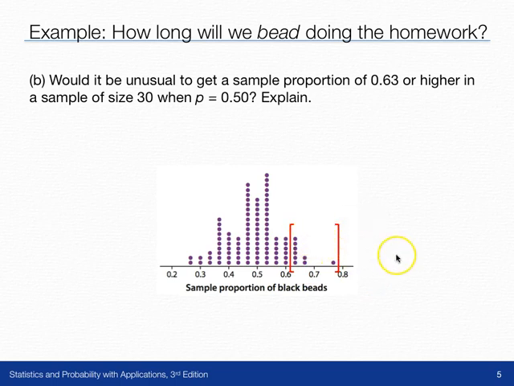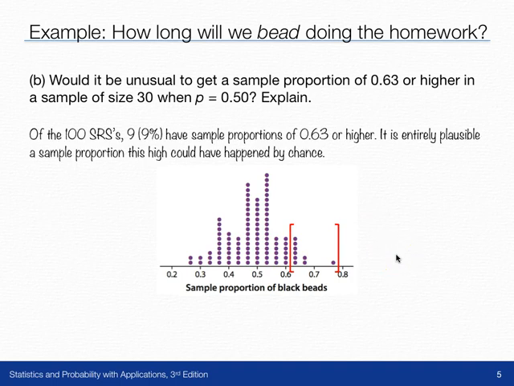There are 9 of the 100 simple random samples that resulted in sample proportions of 0.63 or higher. 9% is not all that unlikely. It's entirely plausible that a sample proportion this high could have occurred by chance.